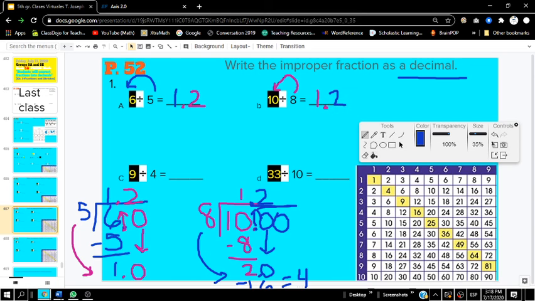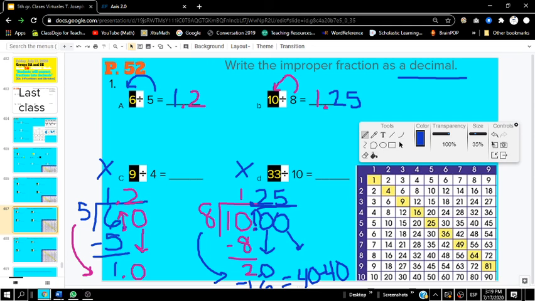Okay, technically, if I continued it, I would bring my 0 down, and then I know that 5 times 8 equals 40. I could just take 40 minus 40, and my answer would technically be 1.25.